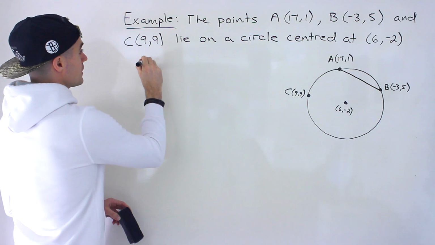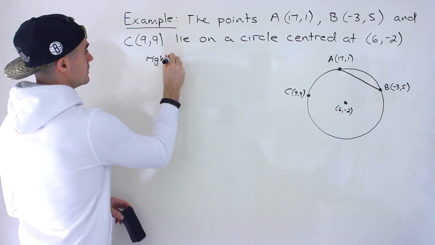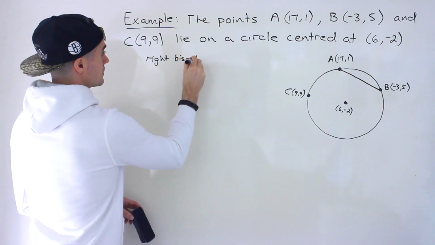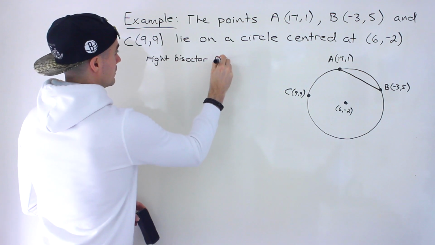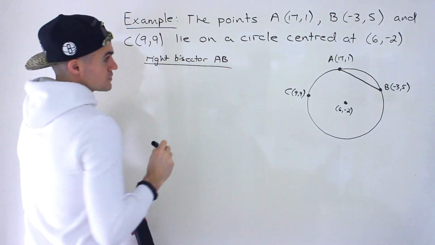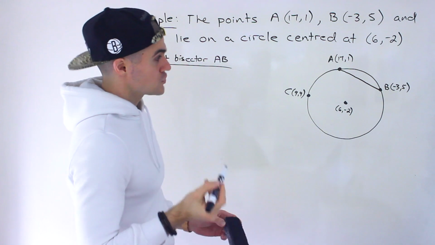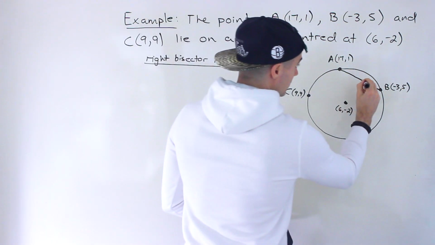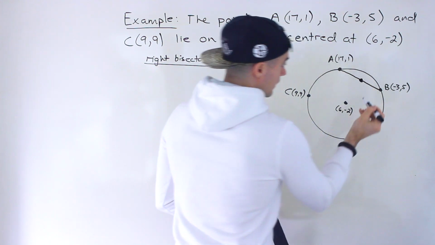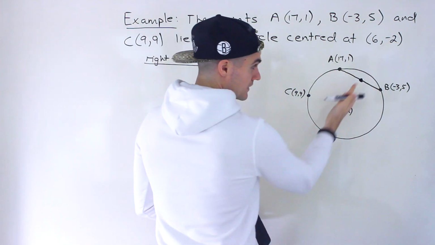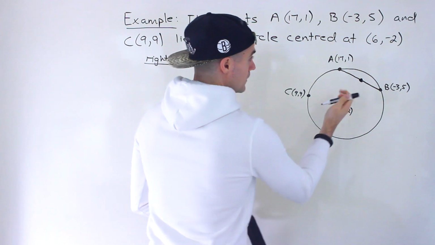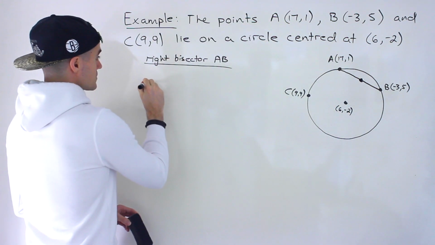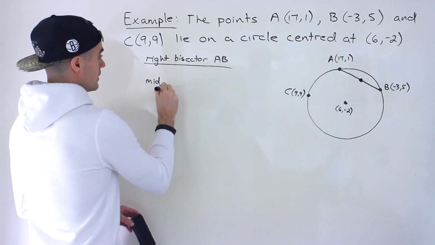So how do we find that? Well, what we first want to do is find the midpoint of AB, because that's the point that the right bisector is going to be going through. So let's first do that. We'll find the midpoint of AB.